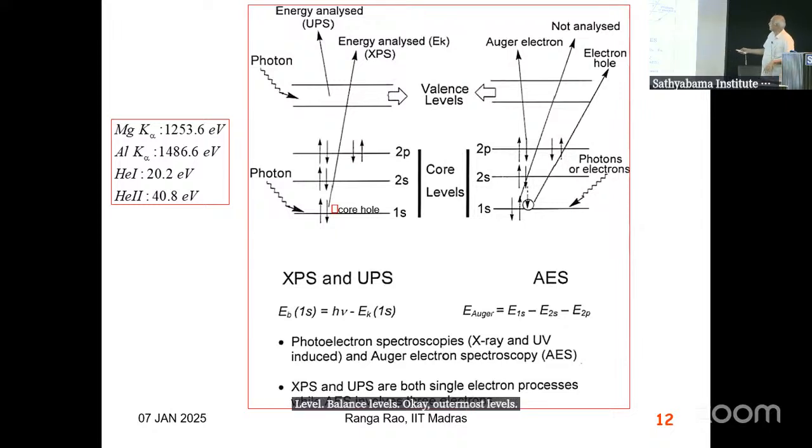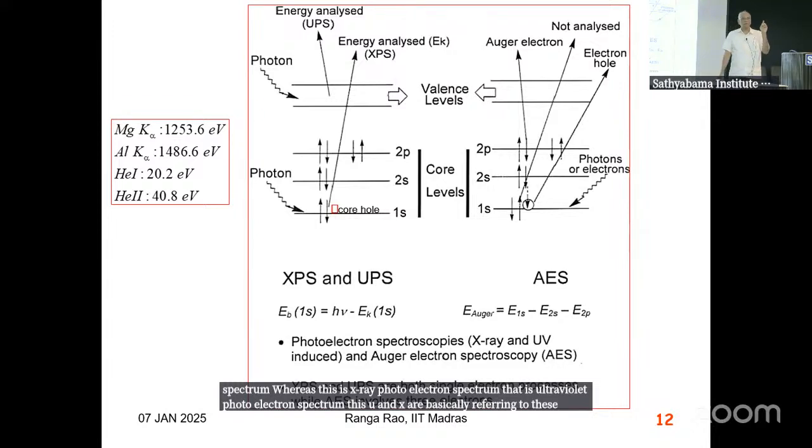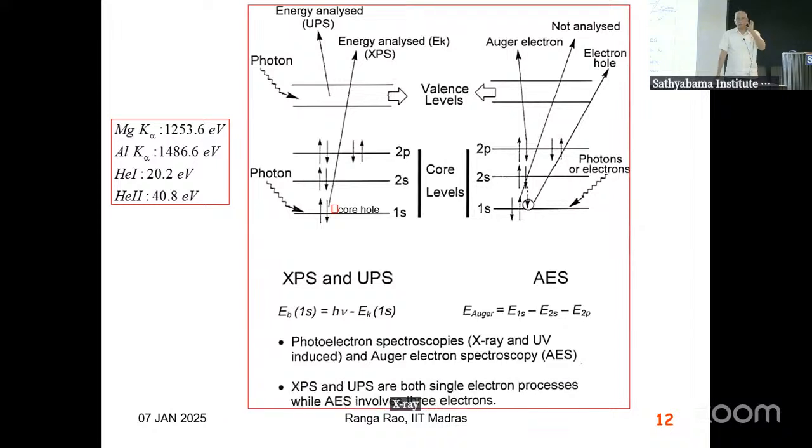So that will give me the ultraviolet photoelectron spectrum, whereas this is the X-ray photoelectron spectrum. This U and X are basically referring to the source that we have used, either X-ray or UV light. Okay.